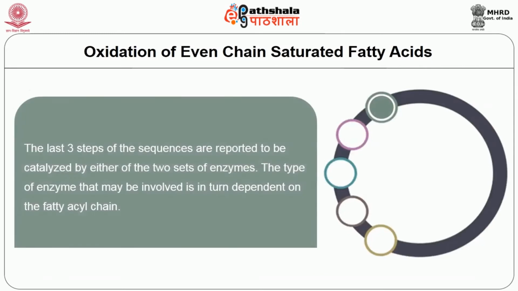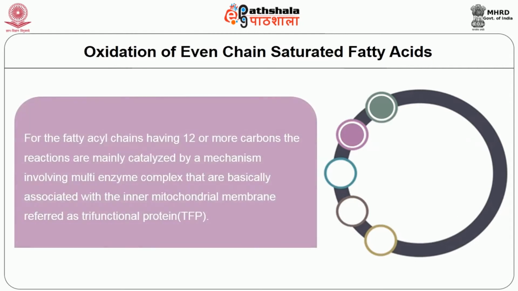The last 3 steps of the sequence are reported to be catalyzed by either of 2 sets of enzymes. The type of enzyme involved depends on the fatty acyl chain length. For fatty acyl chains having 12 or more carbons, the reactions are mainly catalyzed by a multi-enzyme complex associated with the inner mitochondrial membrane, referred to as trifunctional protein.